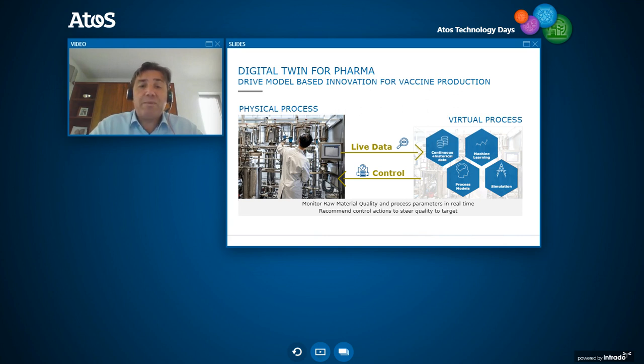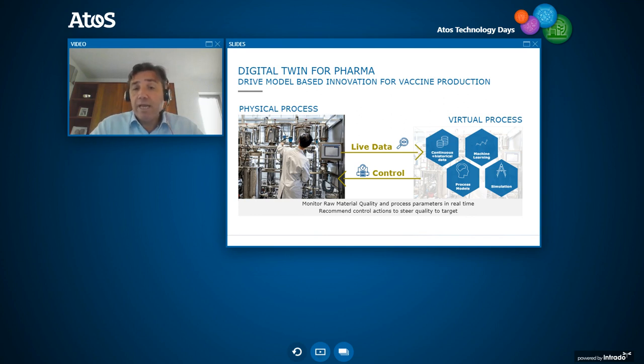And we can also go a step further. One of the objectives that we want to achieve in the next months is to apply an automated virtual design of experiments, really in order to make sure that we can improve our models. And based on the fact that these systems are integrated, all data that I'm collecting in the physical process will be used to enrich my model, but also to continuously fit my model.